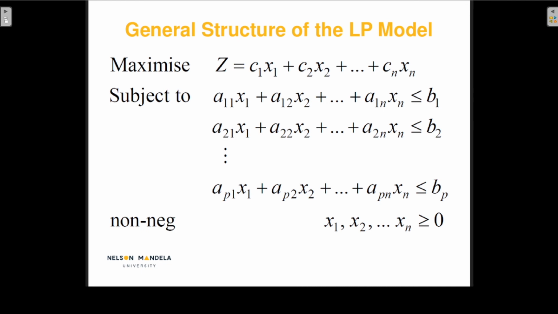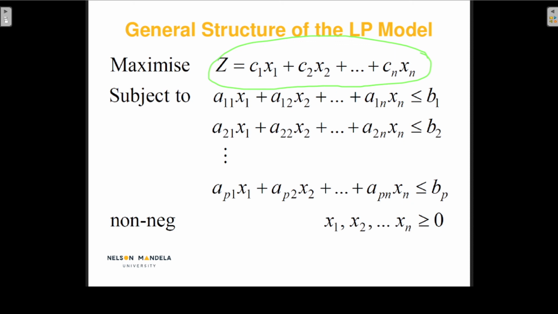So the general structure of a linear programming model will be the following. You have your objective function. You would either want to maximize or minimize your objective function. As I said, maximization will be something like profit. Minimization would be something like risk or cost.